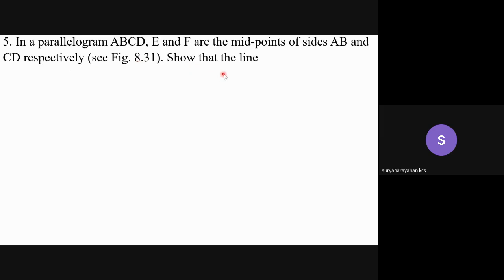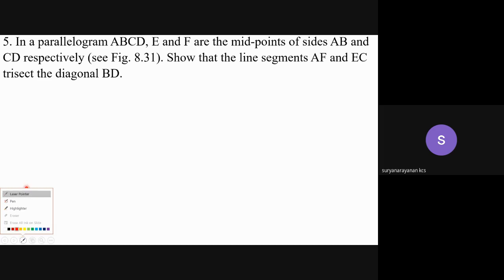Show that the line segments AF and EC trisect the diagonal BD. Please read the question carefully, my dear children. In a parallelogram ABCD, E and F are the midpoints of sides AB and CD respectively.